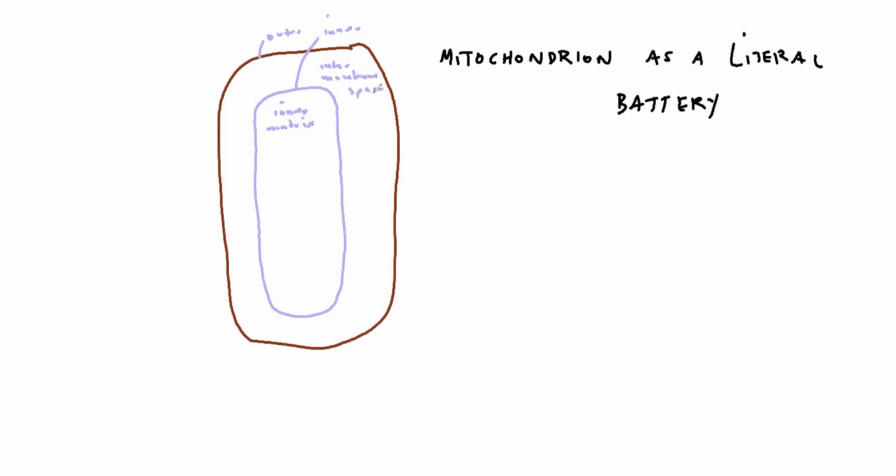I didn't draw the inner membrane all convoluted, the way it's drawn more accurately in the textbook. All I want you to have is the idea that we've got two compartments, the inner matrix and the intermembrane space, right?